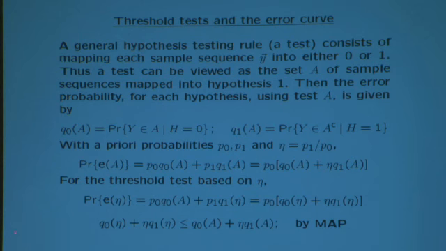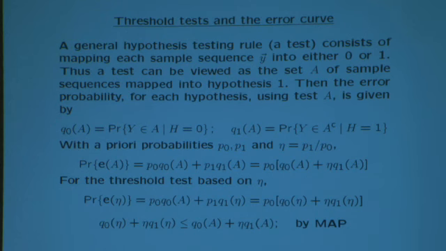Q sub 0 of A is the probability that I choose A given that the hypothesis is 0. Q sub 1 of A is the probability that I choose 1. Let me start that over again.